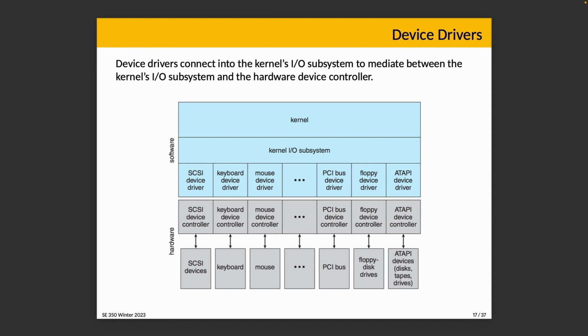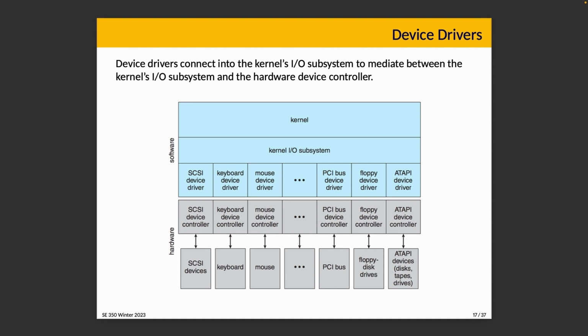So, with this little digression aside, device drivers, when they exist, connect into the kernel I/O subsystem to mediate between the kernel's I/O subsystem and the hardware device controller itself. And so what we see in software here is shown in blue in the large rectangle above, and then there is the hardware here shown in gray.